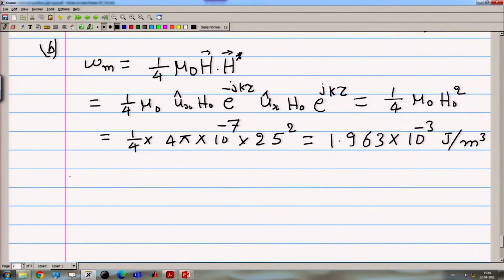Similarly, we can find out the W_e. W_e will be 1 by 4 epsilon naught E dot E star.